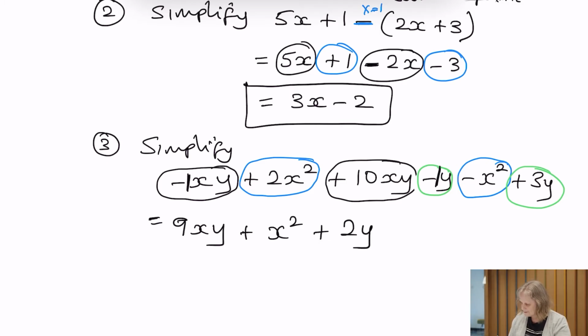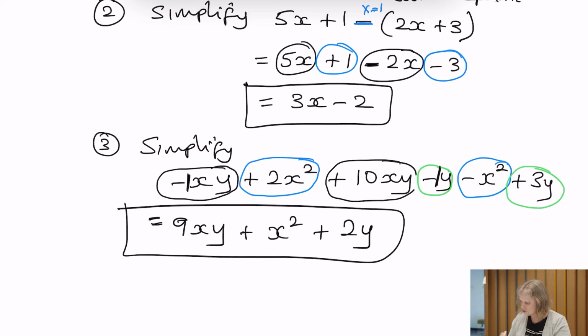So now we've simplified this expression to 9xy plus x squared plus 2y. Again, we cannot simplify any more because we don't have any like terms with the same variable and the same exponent that we can then add together.